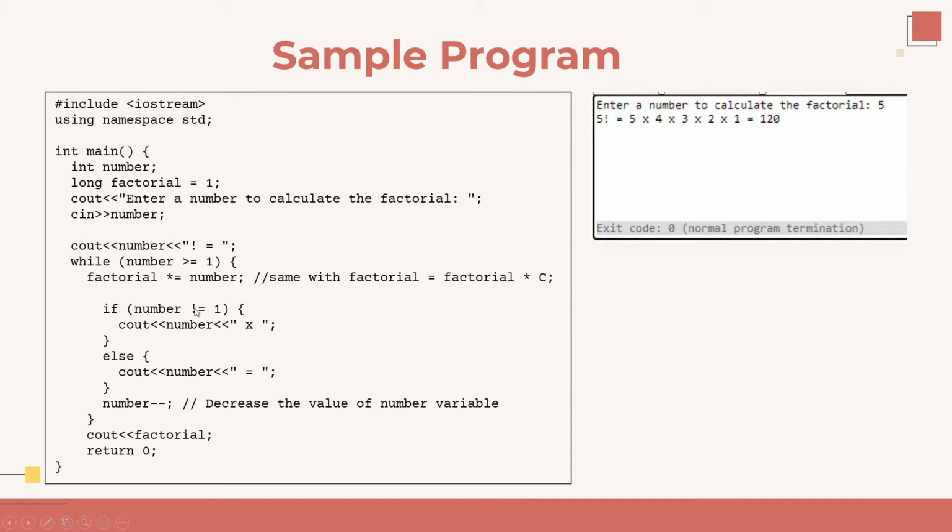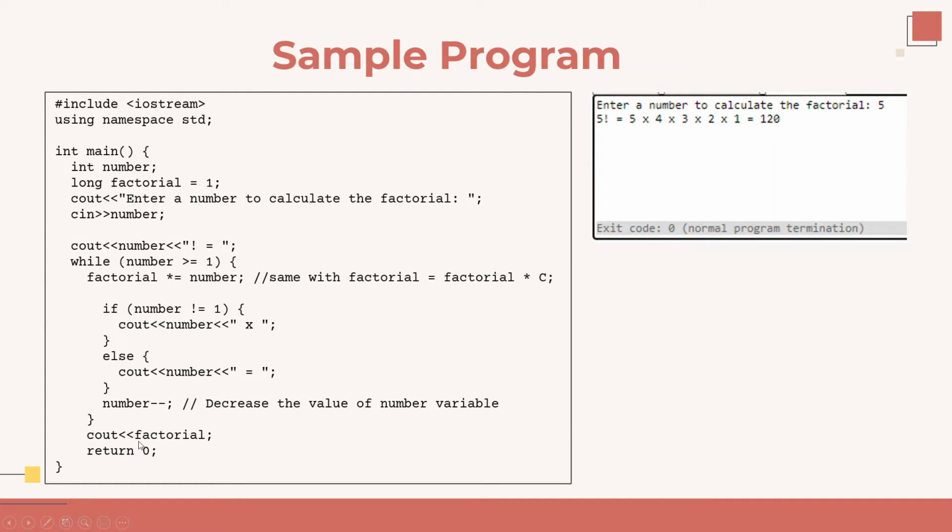If the number is not equal to 1, cout number and then add the x letter, the multiply sign. And then else, cout number and equal sign. So if the number is equal to 1, we will print number and then equal sign. And then number minus minus is used to decrease the value of the number variable.